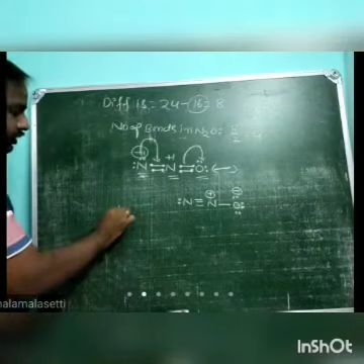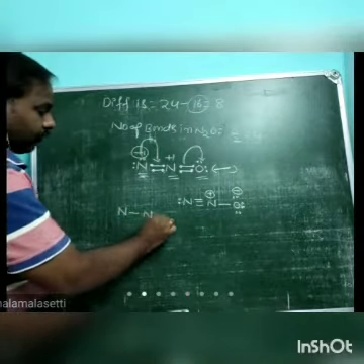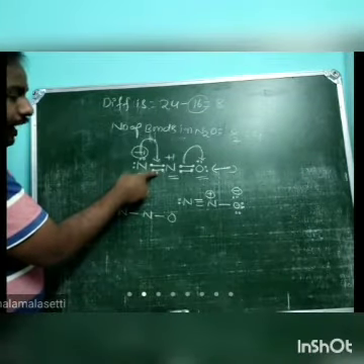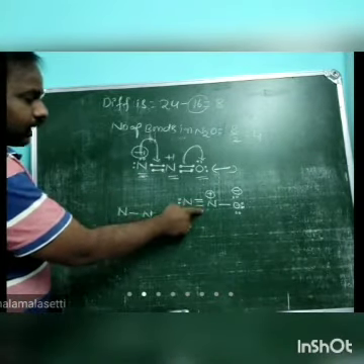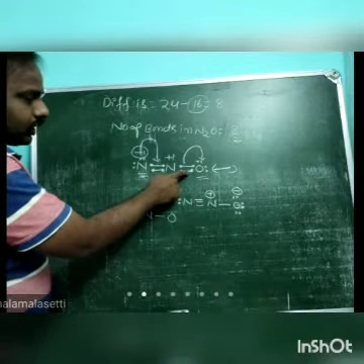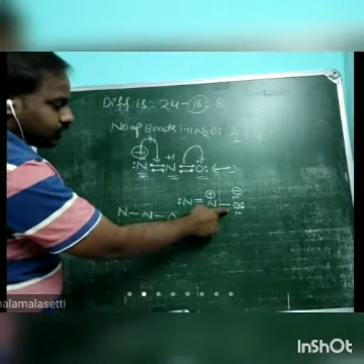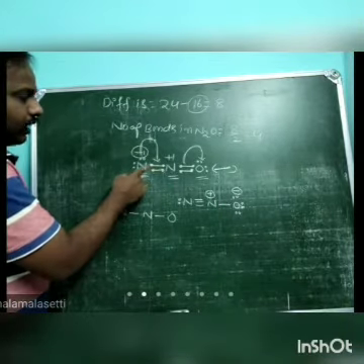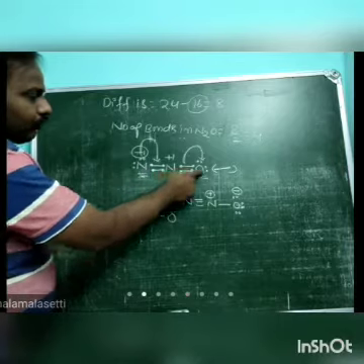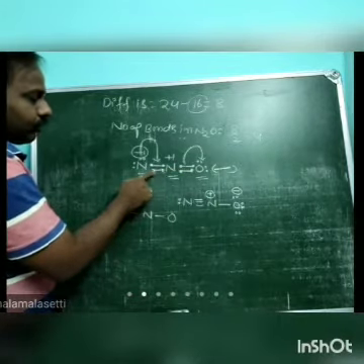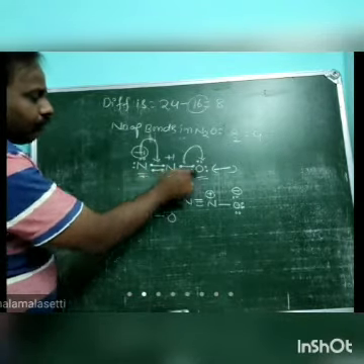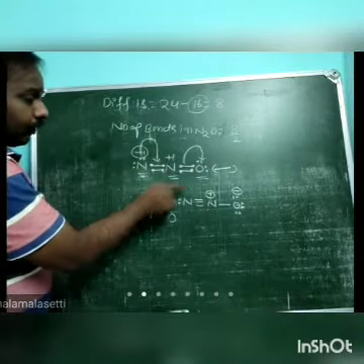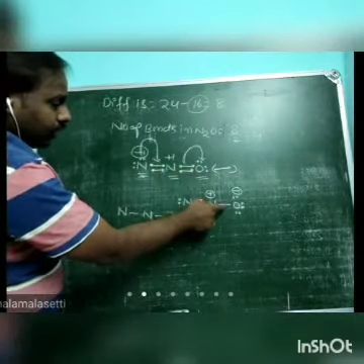The skeleton for this structure is NNO. In this structure, it has a double bond. In this structure, it has a triple bond. In this structure, it has a double bond. In this structure, it has a single bond. So based on this, we can compare the NN and NO bond lengths. The NN bond length is less because here double bond, here triple bond, here double bond, here single bond.